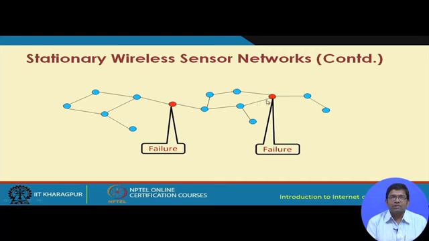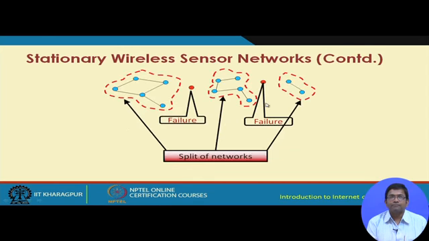These nodes are positioned in such a way that network partitions will be created. So three network partitions would be created if these two nodes fail.